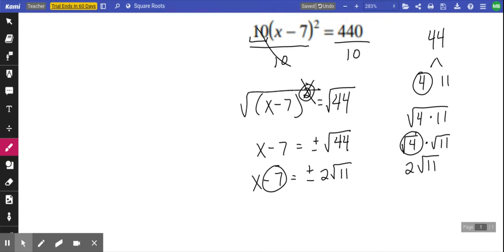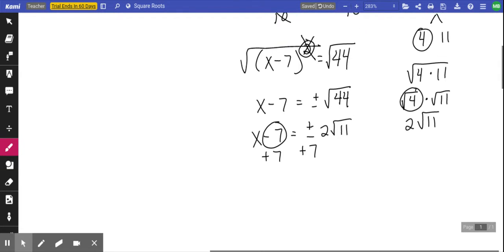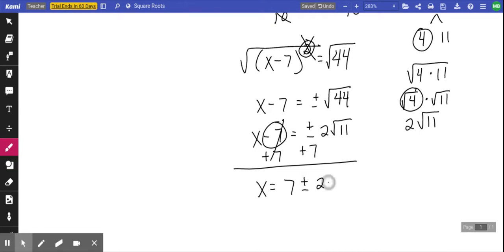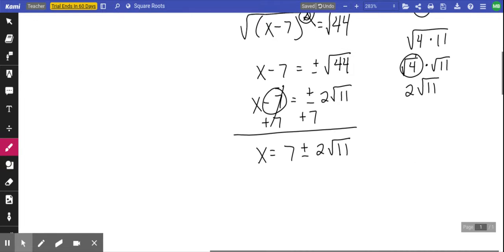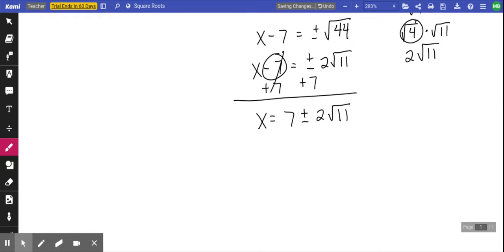Inverse operation says I can add 7 to both sides of the equal sign. Now I have x is equal to 7 plus or minus 2 square root of 11, to which my two solutions would be x is equal to 7 plus 2 square root of 11, and x is equal to 7 minus 2 square root of 11.